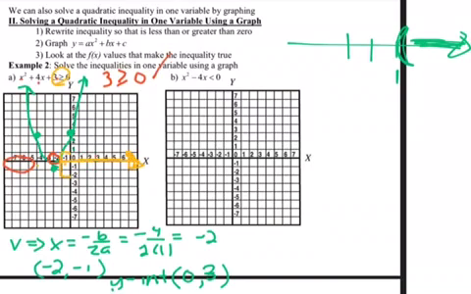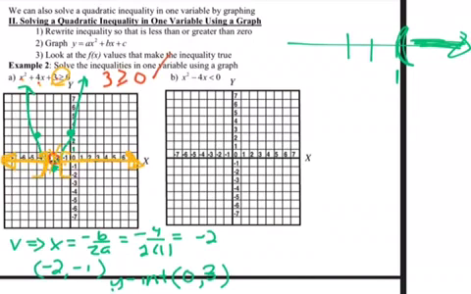Okay, if I plug in negative 4, I get 16, minus 16 is 0, plus 3 is 3, and again I get 3 is greater than 0. So chances are, just like when we did the linear and the absolute value ones, it's either going to be on either side or it's going to be in between. In this case, it's on either side. So the stuff in between doesn't work.